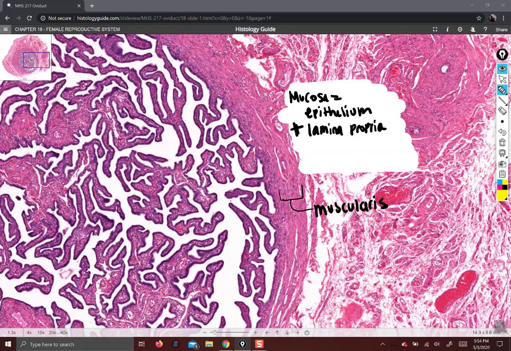So mucosal folds, which is on your list, are therefore these guys right here. So mucosal folds are those.